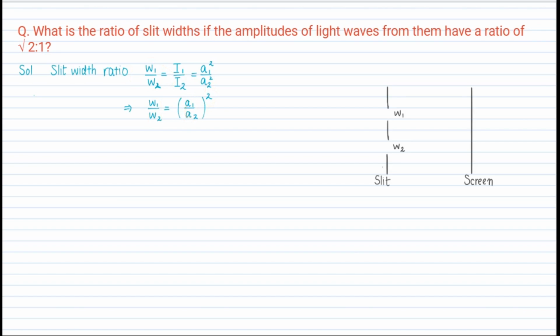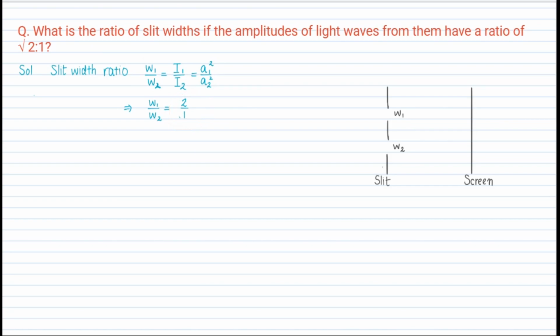And we know the ratio of the amplitude is root 2 is to root 1. So substitute the value here. If I open the square bracket, root 2 square will be 2, 1 square will be 1. So the ratio of the width is 2 upon 1.